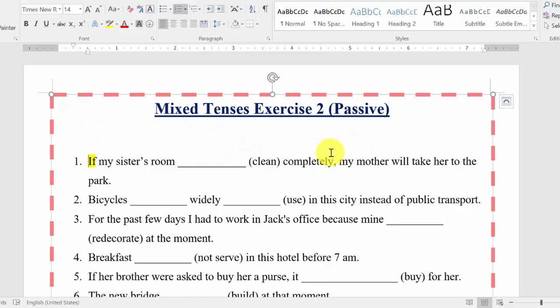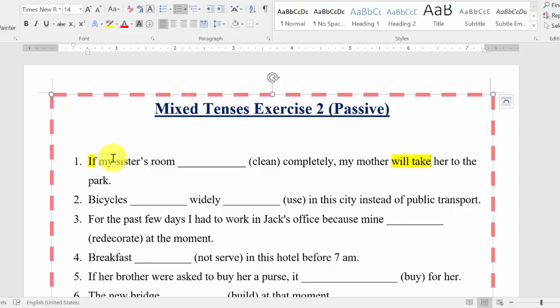Okay, so in the second part of the sentence, my mother will take her to the park, you have your verb here, will take. Will plus original verb. When you see will plus original verb, you should know that this should be if conditional, likely. Another part should be simple present tense.